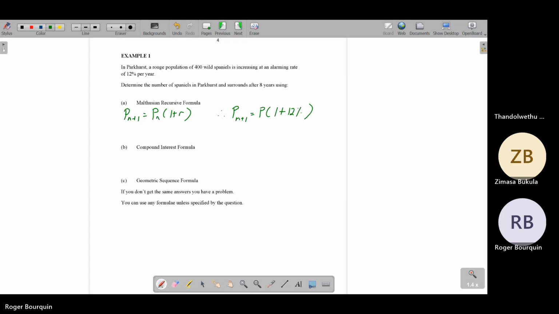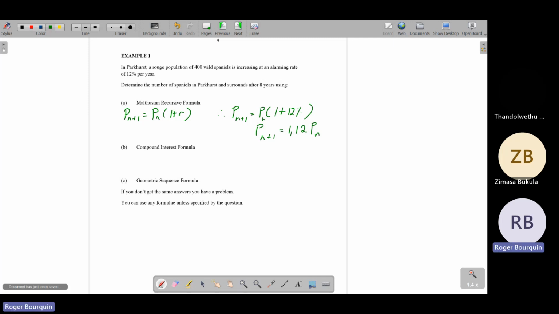Okay, 12% is 12 over 100, right? Which is 0.12. Okay, so you end up with P(n+1) is equal to 1.12 times P(n), right? Pn, sorry.